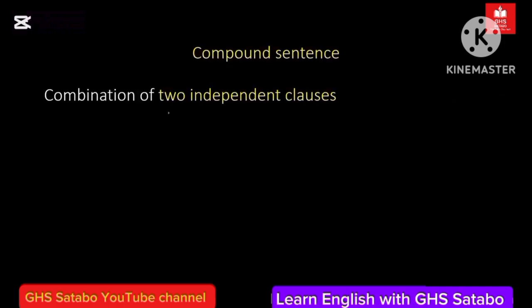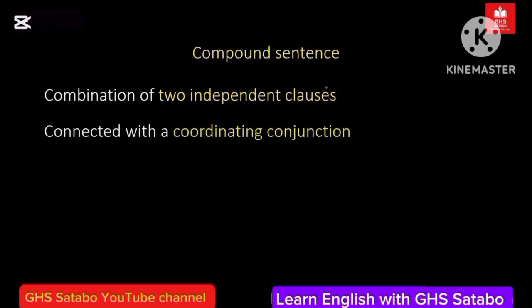Compound sentences are the combination of two independent clauses. Please remember, I'm emphasizing this, two independent clauses, that means it's the tricky part here. So you cannot have a dependent clause in this. All you need is two independent clauses. When I say independent clause, that means they should stand alone and should make complete sense.